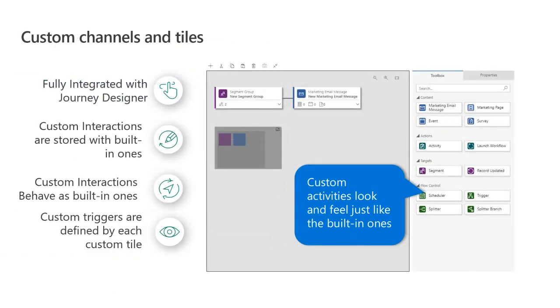And from the custom tile perspective, we have discussed this one. It can be created to support additional channels such as SMS or social media. You can expose these channels as a tile in the customer journey, so marketers can just drag and drop, and they can just use these particular custom channels. It's really very powerful.